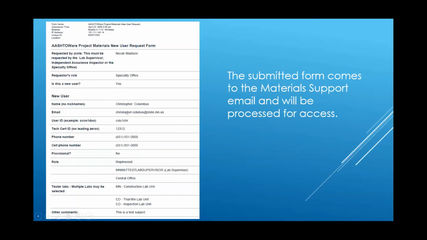This is an example of a submitted form that comes to the email. This comes to the material support email and it'll be processed for further. This is one I had already created. I had saved in here for the example, but then it'll be processed for getting this user access for this person. It's a user.